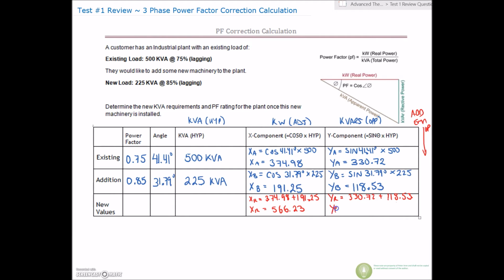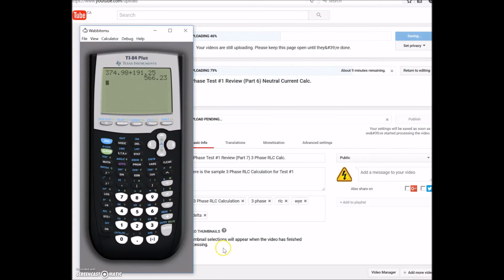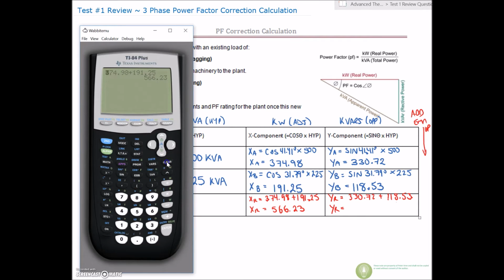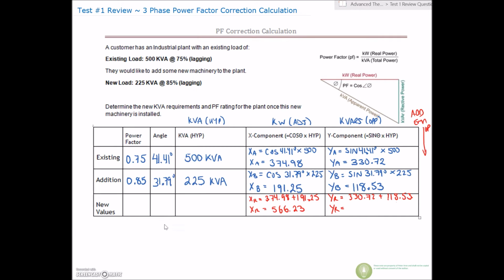Our y component for our resultant vector is going to be 330.72, sorry guys, 330.72 plus our 118.53. That gives us 449.25.